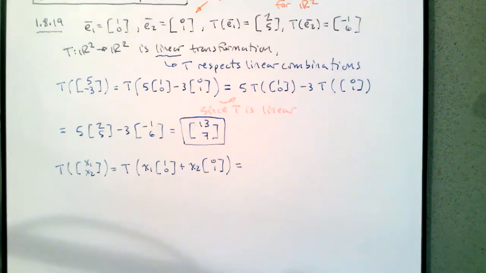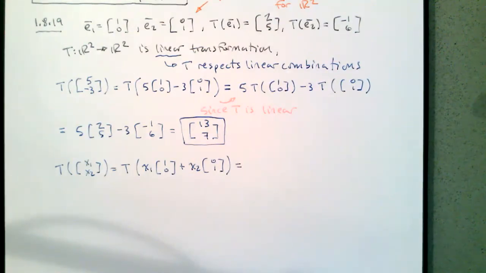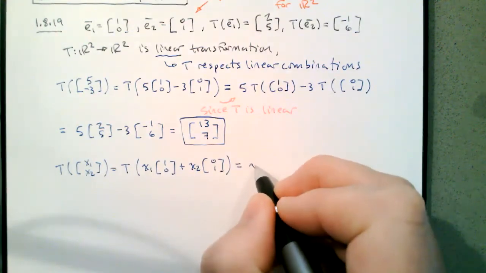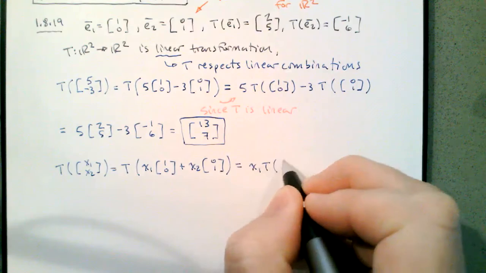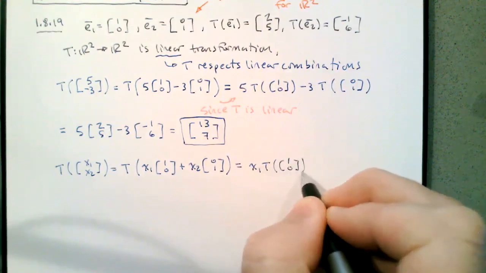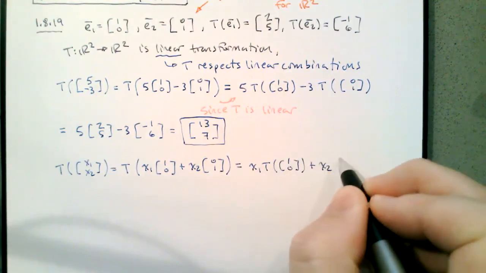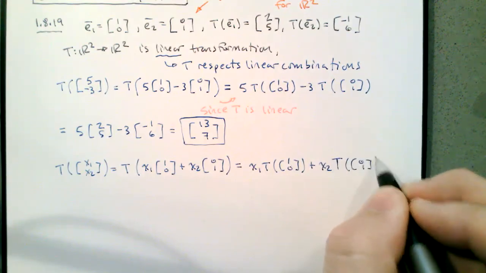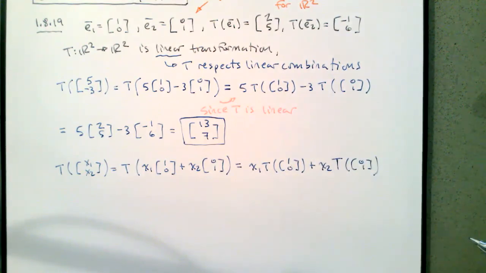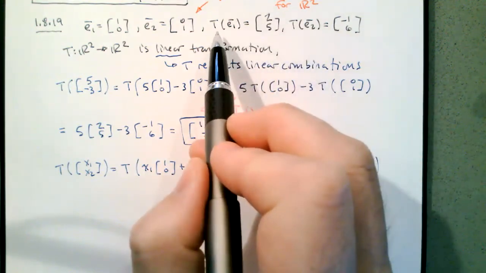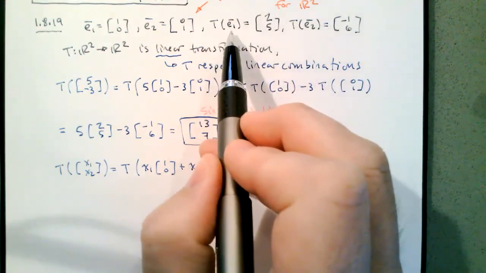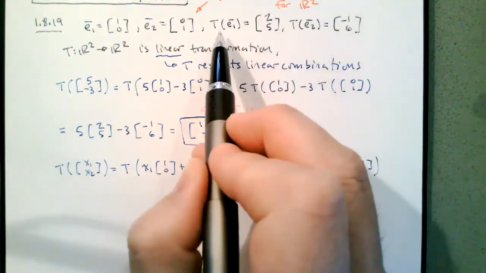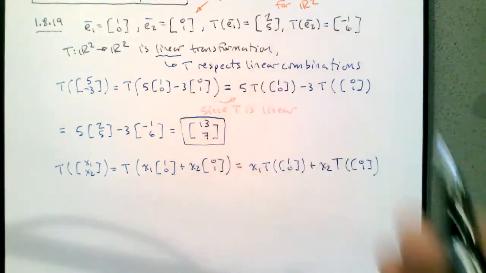Use the fact that T is a linear transformation, and it'll respect this linear combination. Now we'll use the given information, the image of the standard basis vectors under the linear transformation, and drop in the images.